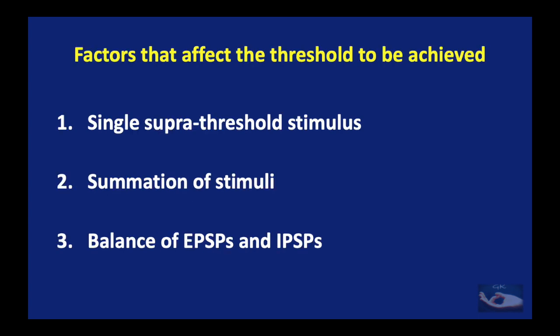There are three methods by which the electrical stimulus that comes in can reach the threshold and cause the action potential to be initiated. The first is a single supra-threshold stimulus, second is summation of multiple stimuli, and third is balance of EPSPs and IPSPs.